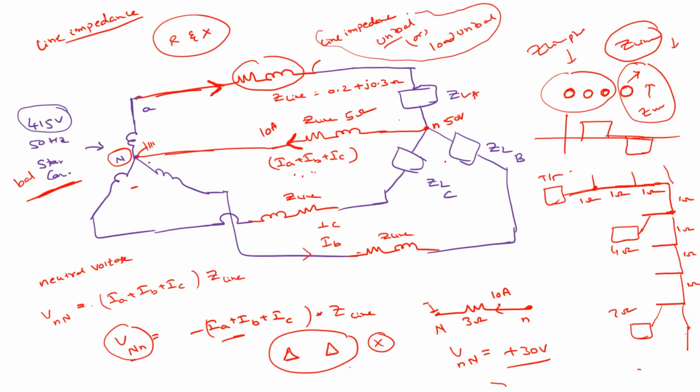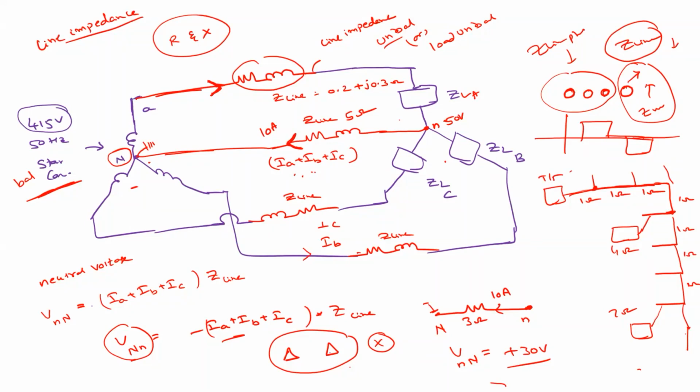Why are you writing this below line impedance unbalance or load unbalance? You're not listening to the class then. I listen, but then why are you asking this? You need to be focused, right? If I said something and I wrote something, and you're asking why you wrote this, how can I explain? I know you explained, but I didn't get it.